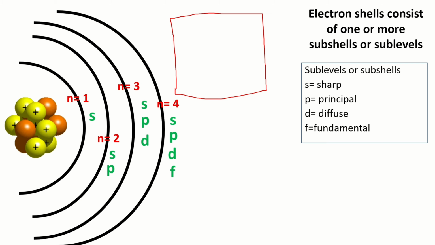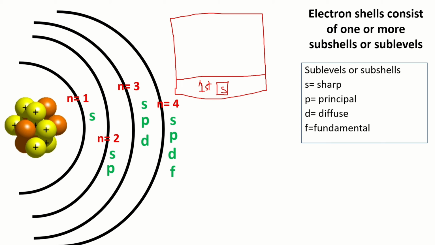So the first floor of the building, this is the energy level. First floor is the energy level, and the sublevel is the room. So in our first floor, we have only one room, which is the S sublevel.